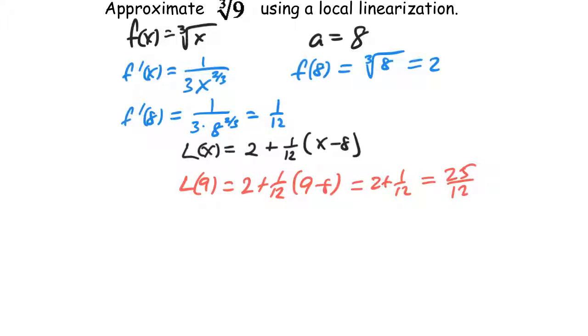Plug that into your calculator, get yourself a decimal, then plug the cube root of 9 into your calculator and compare them. And I think you'll find that they are pretty close.